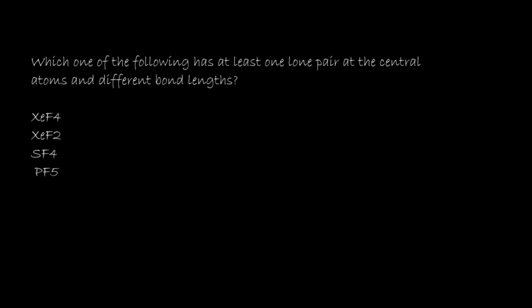So XeF4: how many lone pairs and how many bond pairs? I have told you a method to find out lone pairs and bond pairs. XeF4 will have 4 bond pairs and the remaining 2 are lone pairs, so the hybridization becomes sp3d2.